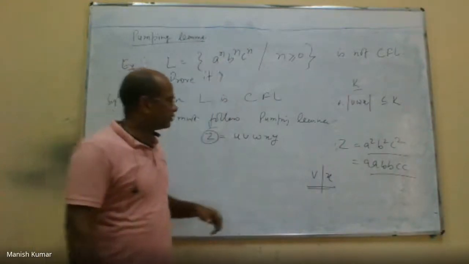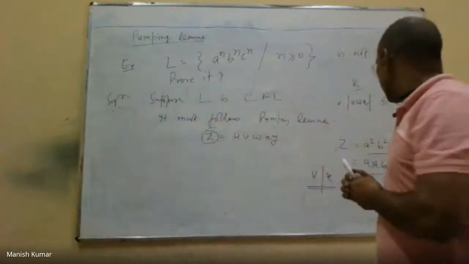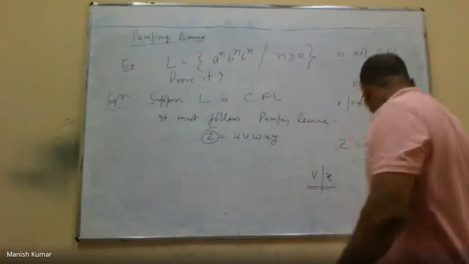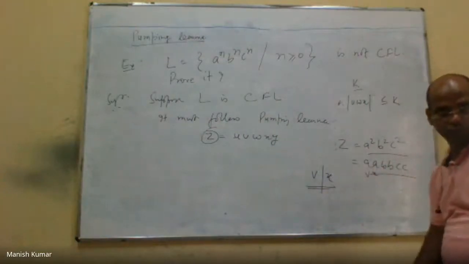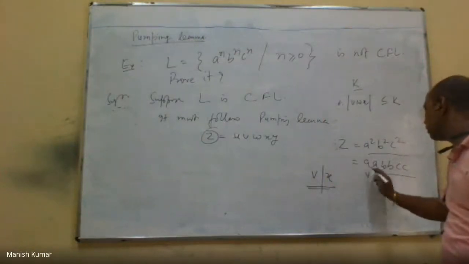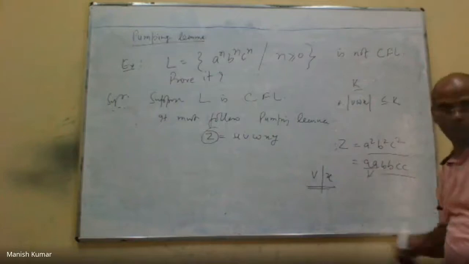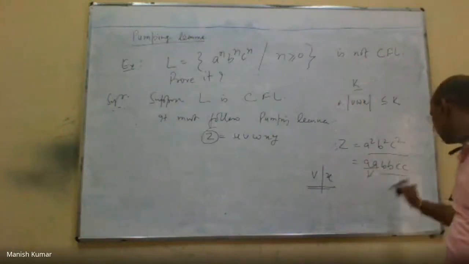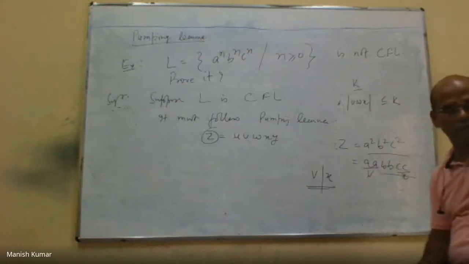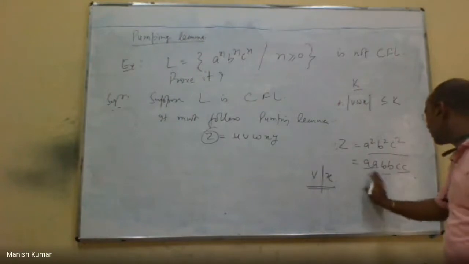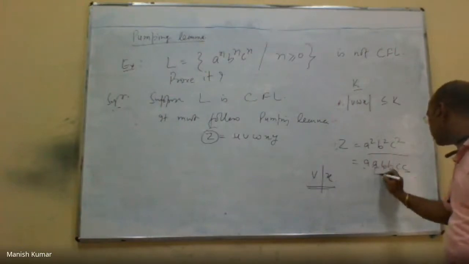What I mean is that I can say this is my V, this is my X. Or you can say that only this is V and this is X. This also can be. You can also say that this is my V.